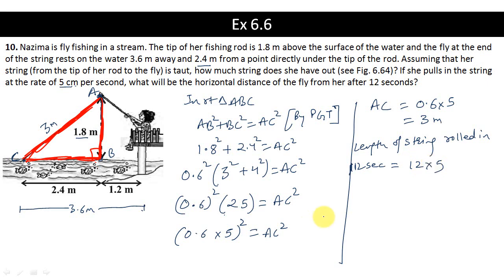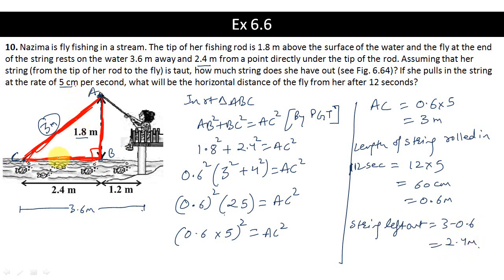So in total 12 seconds she would have rolled 12 multiplied by 5, which is 60 centimeter, or I can say 0.6 meter. She would have rolled this much of string. So if 3 meter of string was out and she has rolled 0.6 meter, so the string left out will be 3 minus 0.6, which is 2.4 meter.